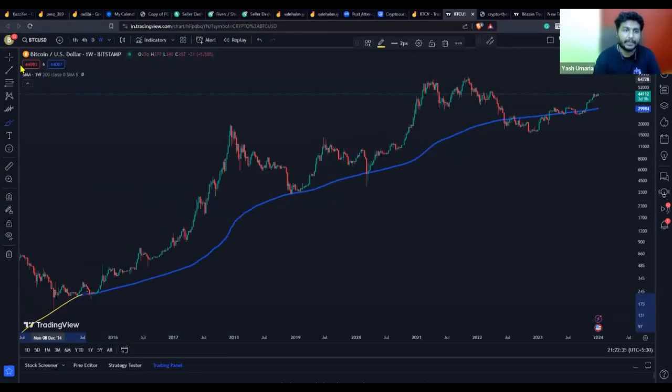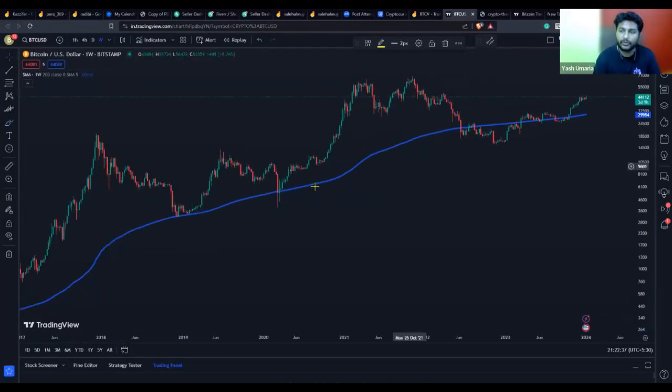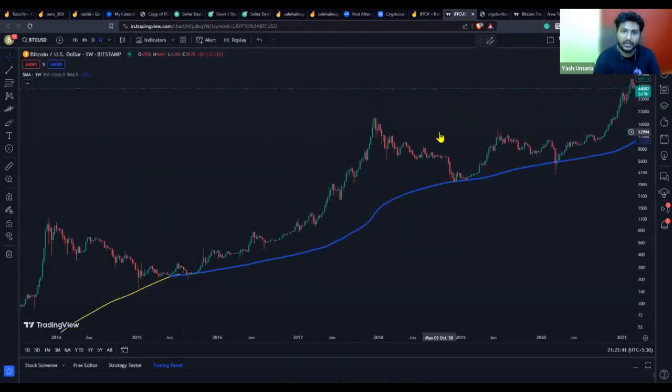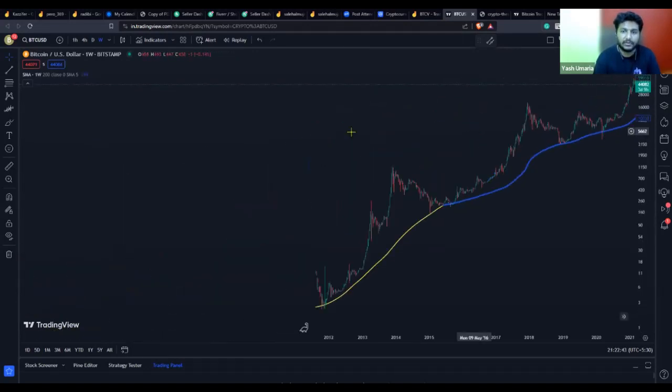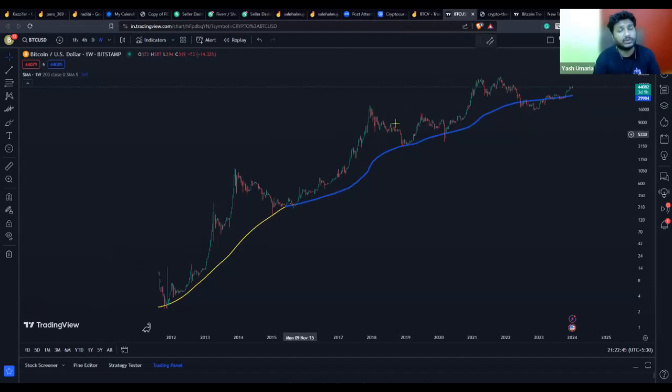So this blue line you can see on the screen is what we call the 200-week moving average. From 2008 till now, actually to 2022, this 200-week moving average was supporting the price of Bitcoin very well.